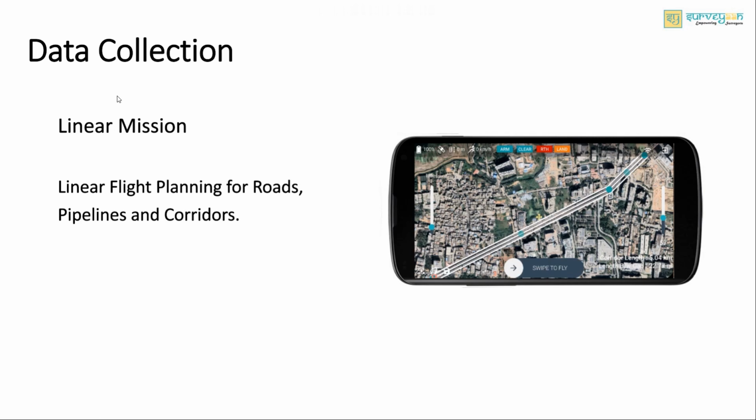Once the area is marked and the lines and the altitude are set, the drone flies to the initial position here and follows the flight path, and it reaches the endpoint, that is here, and after reaching the endpoint it returns to the home position.